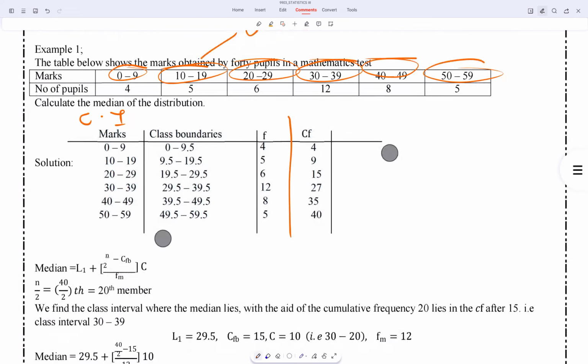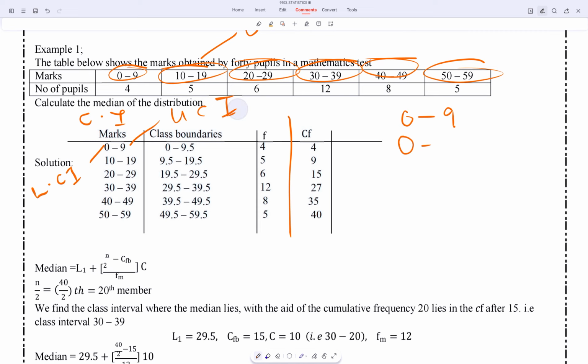To make it continuous, you introduce what we call the class boundary. How do you do class boundary? You see that we have 0 to 9. The 0 is called the lower class interval, and the 9 is called the upper class interval.